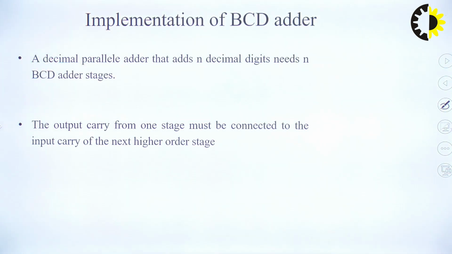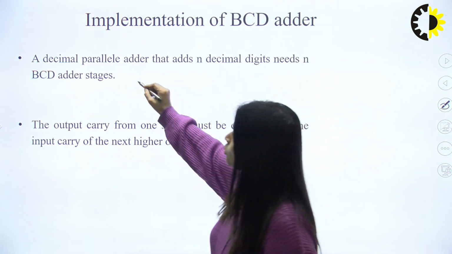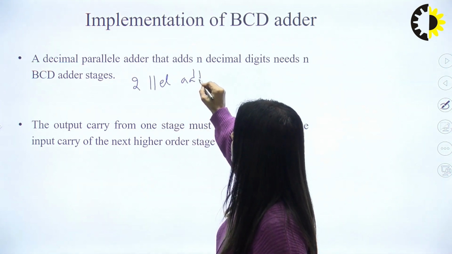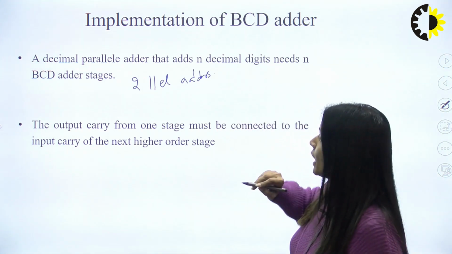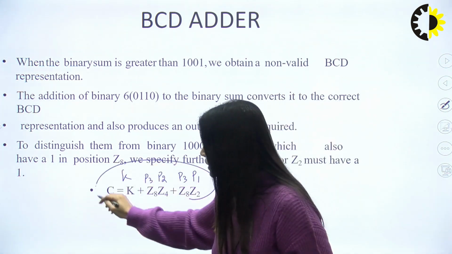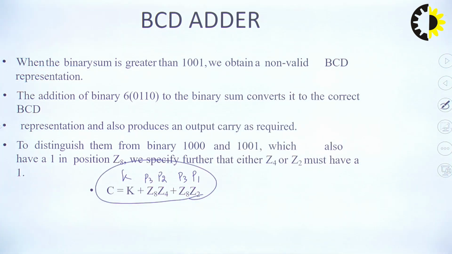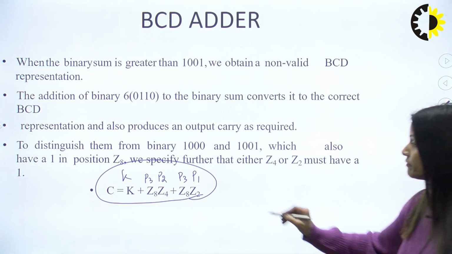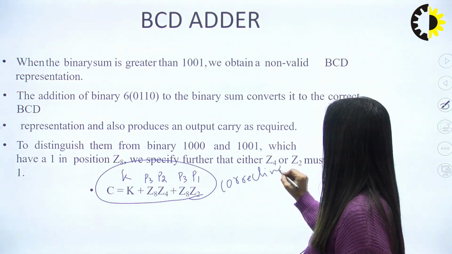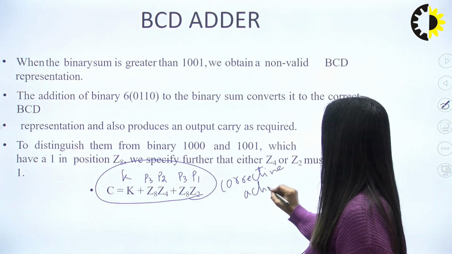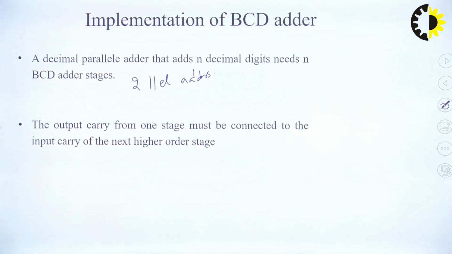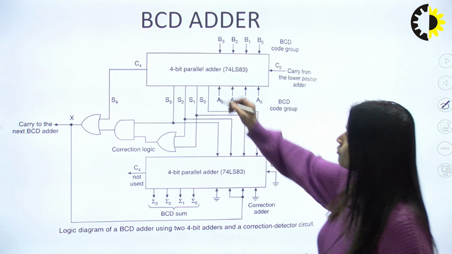So what I will do is I will take two parallel adders. And between these two parallel adders, I will design this logic for corrective action. Please note, this is important. So here I have two 4-bit parallel adders.